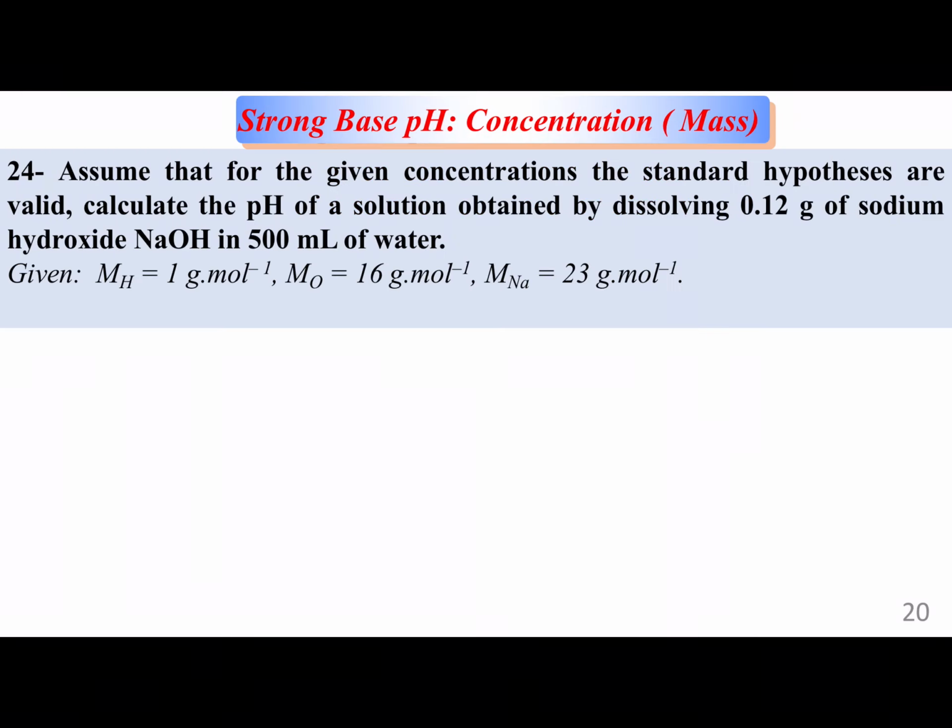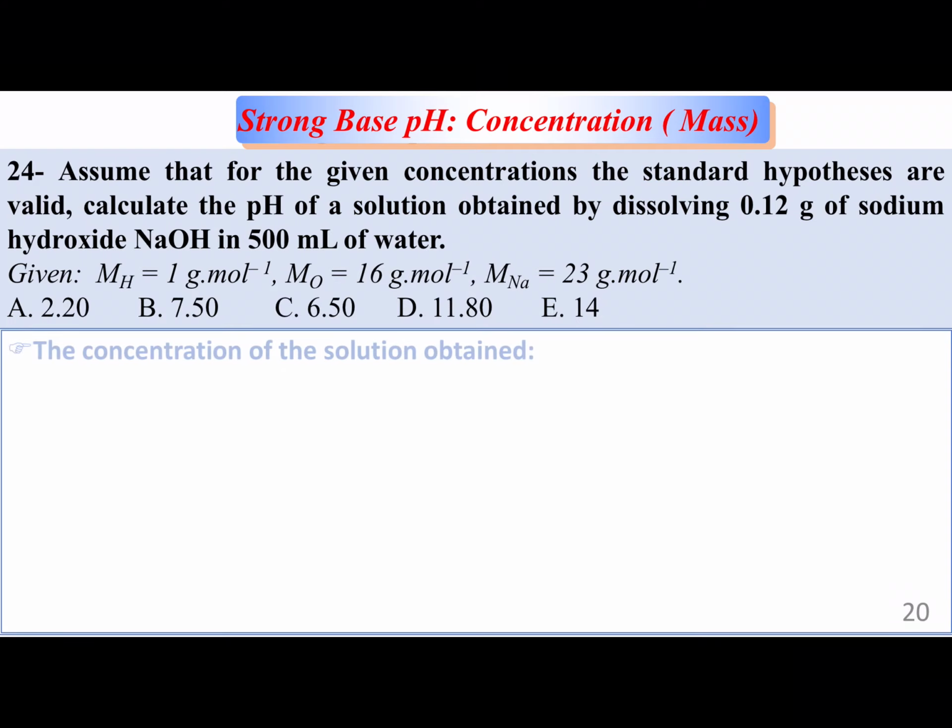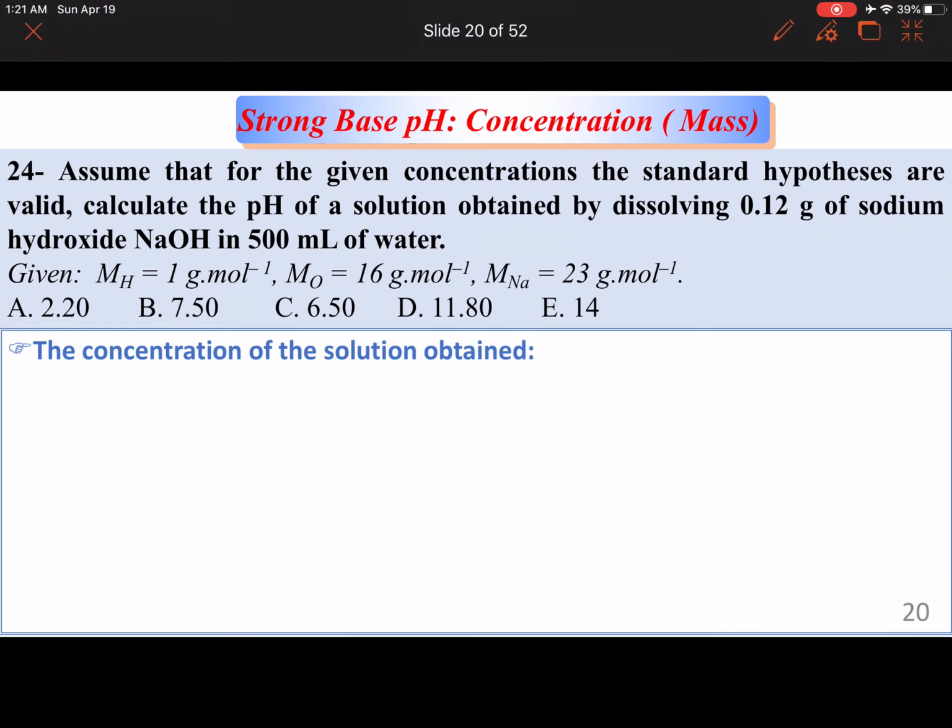Right on. Number 24. So with number 24, you can do the reading, of course. This is a base which has a mass of 0.12 grams of sodium hydroxide, where I put it in a 500 milliliter beaker of water, or I add to it 500 mils of water and 0.12 grams dissolved.